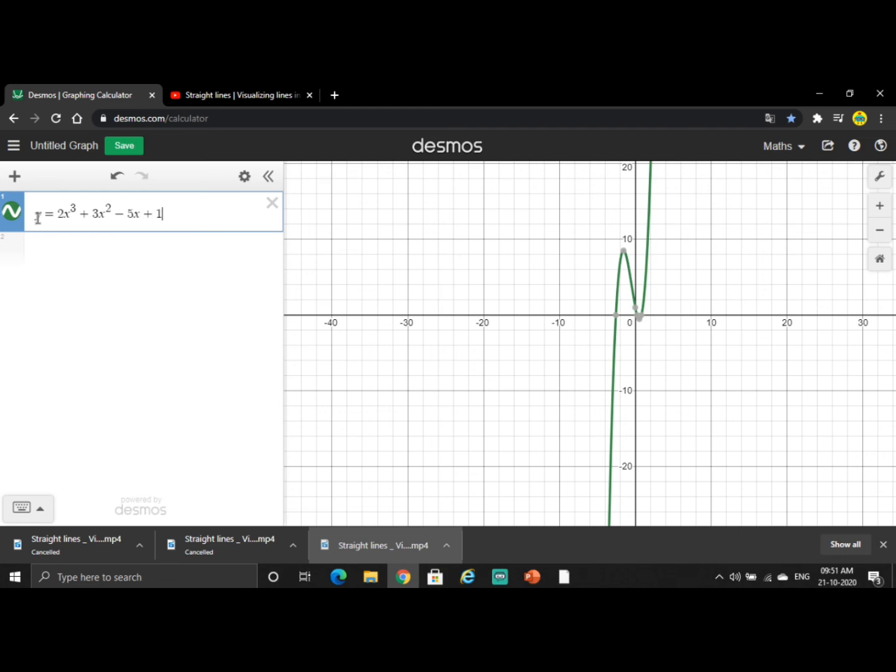So here the relation between the abscissa and ordinate is cubic, because this is called a cubic polynomial, because the degree of this polynomial is 3. Let me remind you, the highest power of the variable is taken as the degree of the polynomial. And that's why this polynomial is cubic. So whenever the relation is cubic, then the plot is somewhat like this.